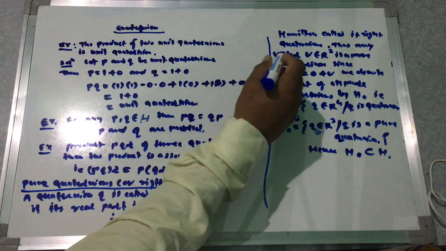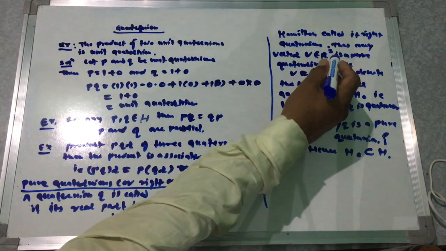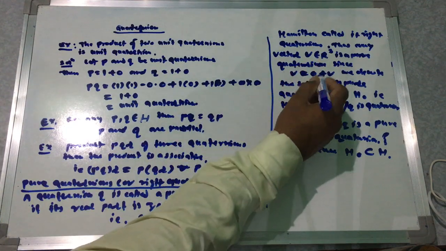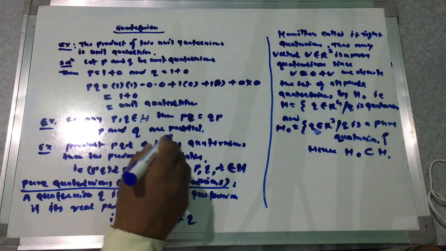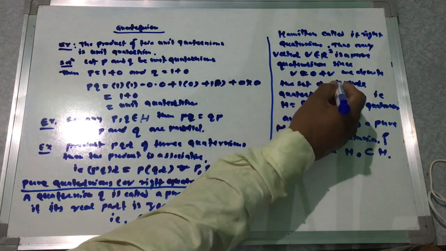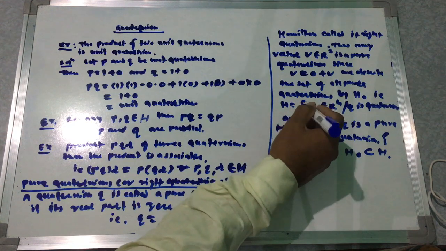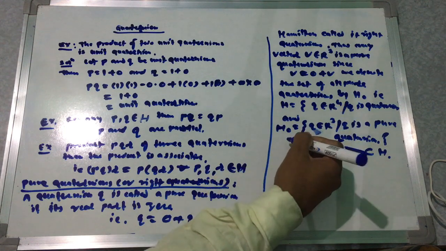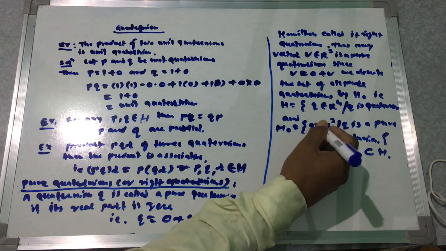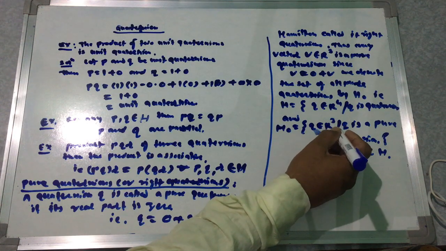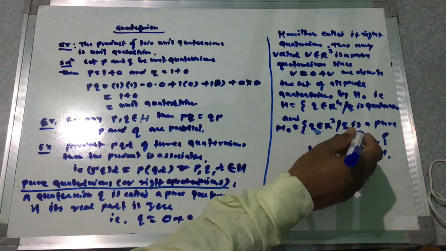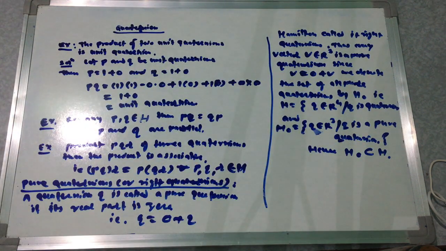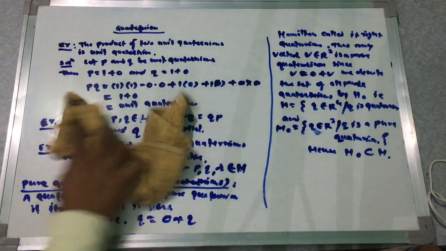Thus every vector V belonging to R cube is a pure quaternion, that is, V is equal to 0 plus V. We denote the set of pure quaternions by H0. So H is equal to the set of Q belonging to R to the power 4, Q a quaternion, and H0 is the set of Q belonging to R cube such that Q is a pure quaternion. Hence H0 is a subset of H.